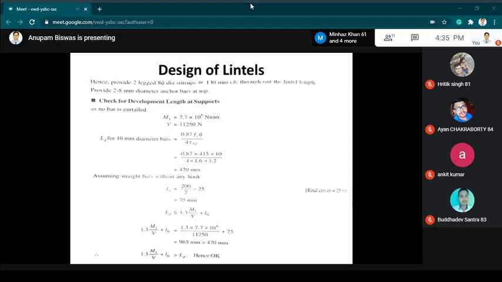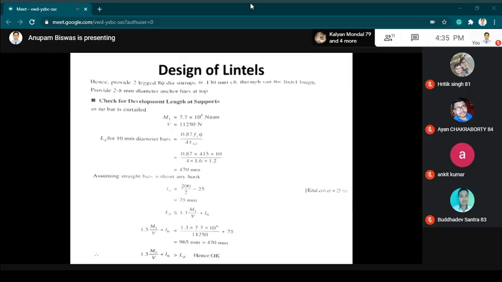length of the lintel, and we also have to provide two numbers of 8 mm dia anchor bars in the compression zone and tension zone.